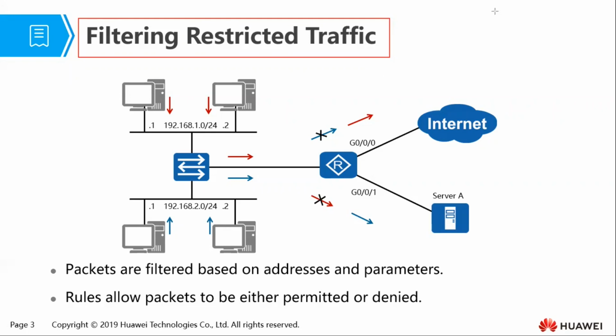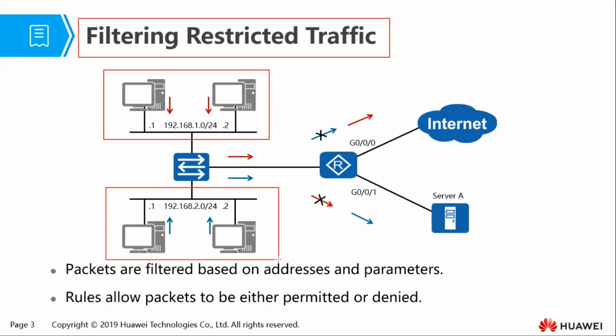Now, for example, here we have two networks. Let me call it the red network and the blue network. So for example, the red network might be your students network, while the blue network is your finance department network.